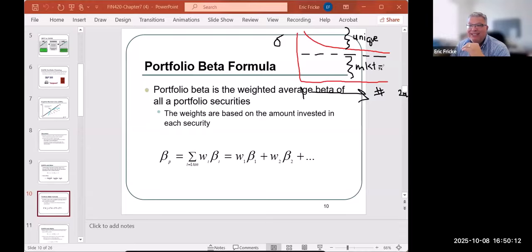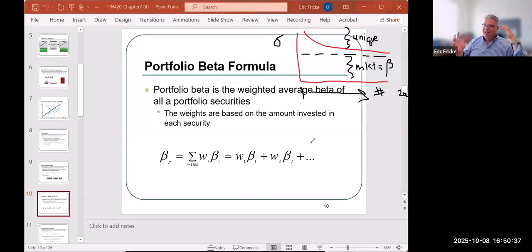We measure market risk not with standard deviation, not with variance, but with beta. So when we go from looking at particular stocks to now having a big portfolio of the market, our definition of risk changes. We go from standard deviation to beta. I'm only worried about beta now.